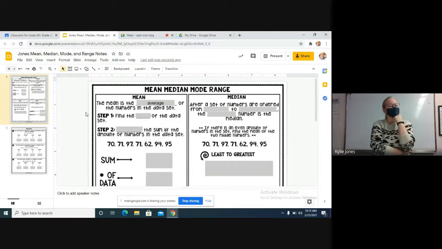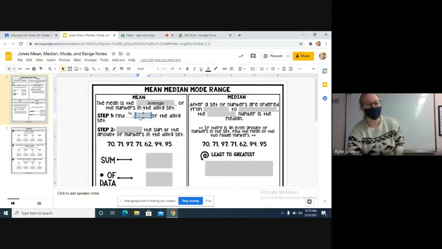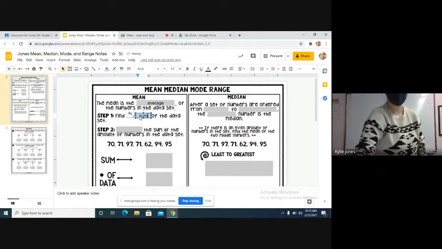So in order to do the steps here, there is a little set of data underneath. It says 70, 71, 97, 71. We have some numbers down here, right? To find the mean of these numbers, you need to follow these first 2 steps. The first one is find the sum of the data set. What does it mean to find the sum of something?